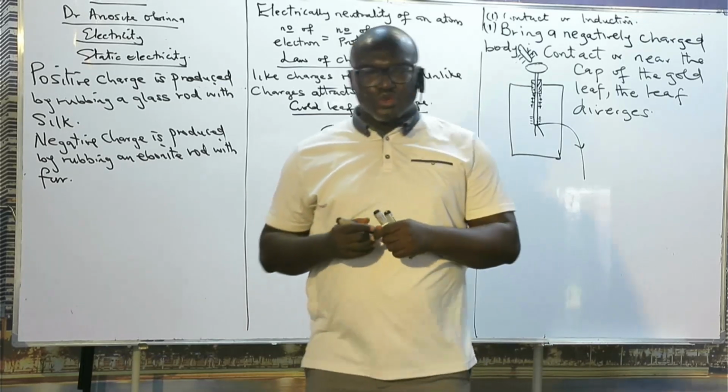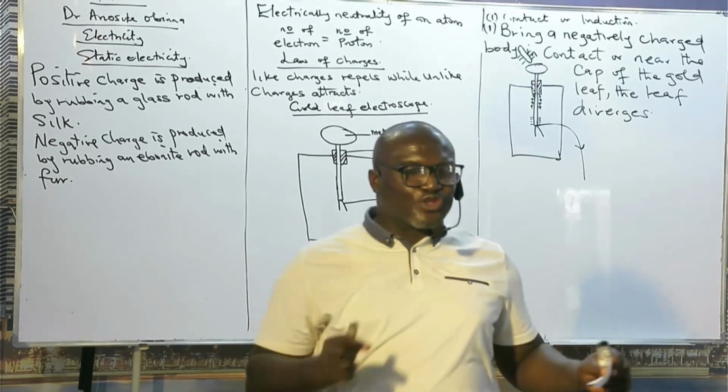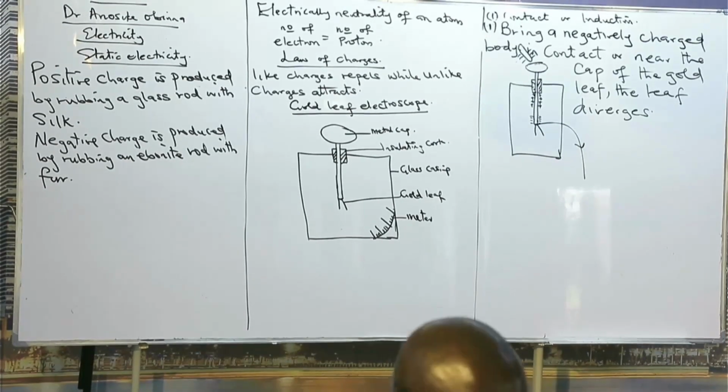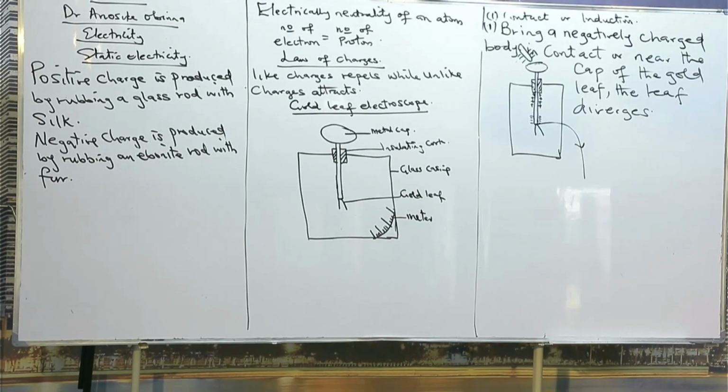Remember, I told you that the protons don't move. Please mark that. It's very, very important for your JAMB questions. What moves is the electron. Electrons can come up from the ground to neutralize the protons. Electrons will flow from the body to the ground. But the protons are always static because of their heaviness.